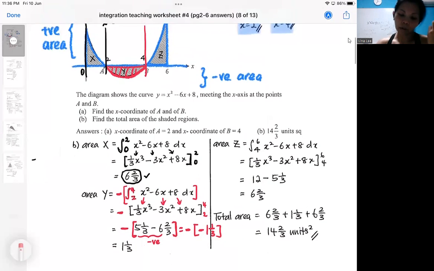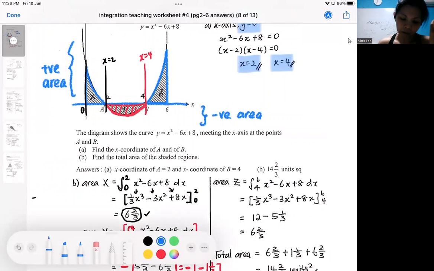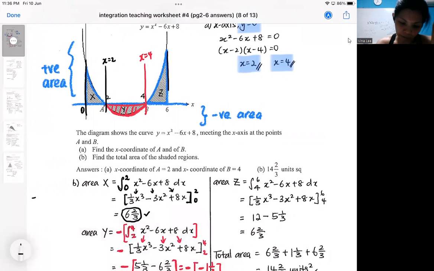So you go and find area Z. Area Z has a different wall: x equal to 4 to x equal to 6. These are the two walls that create area Z, so you will do your definite integral from 4 to 6.